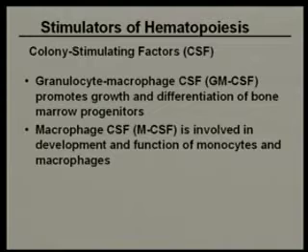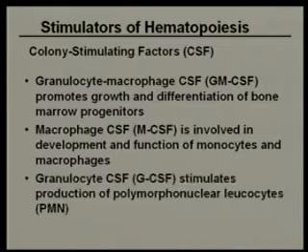As the name says, it's involved in the maturation of monocytes and macrophage. Again, granulocyte colony stimulating factor stimulates production of polymorphonuclear leukocytes, or PMNs. So all these cytokines are very important in the process of hematopoiesis.